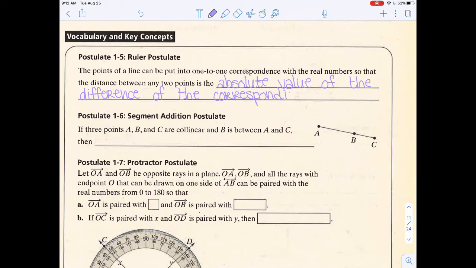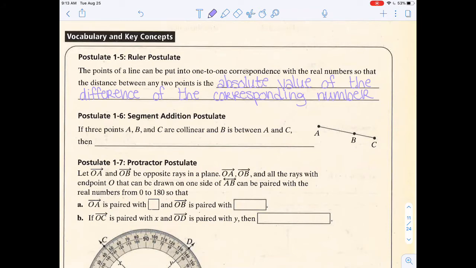So think about a ruler. It's measured off, and then it's labeled with numbers. So if I wanted to find the distance from the 4 to the 8, I could take 8 minus 4, and I know that that's 4 units away. That's what the ruler postulate says.